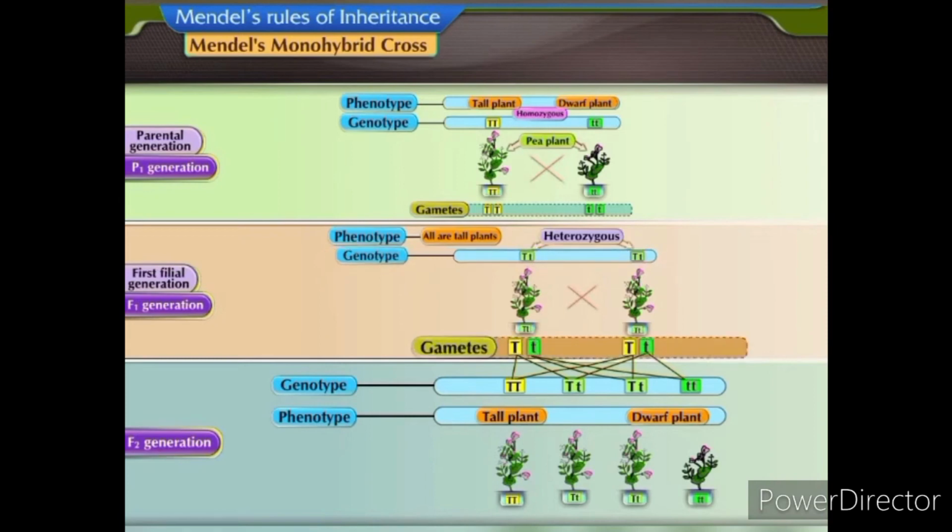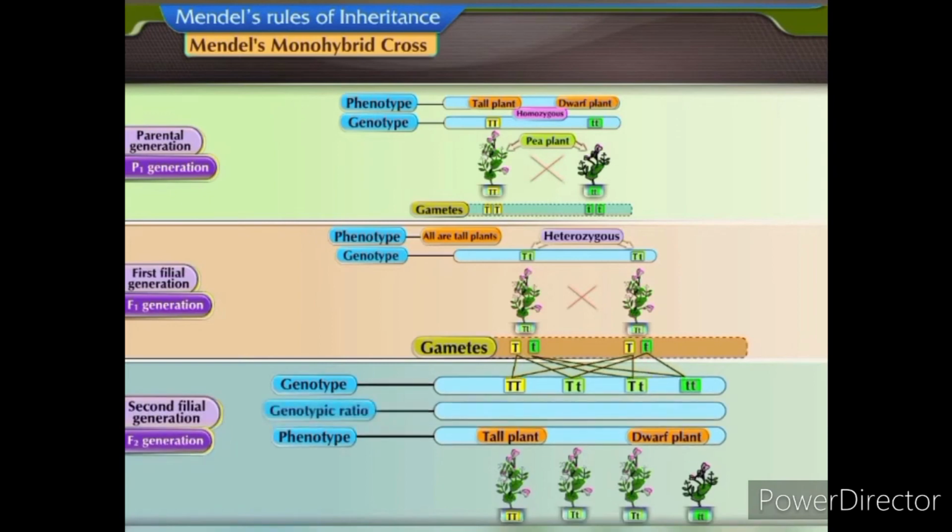The gametes produced from each of the parents are of two types, capital T and small t. The second filial generation, that is F2, has a genotypic ratio of 1 capital T capital T is to 2 capital T small t is to 1 small t small t.